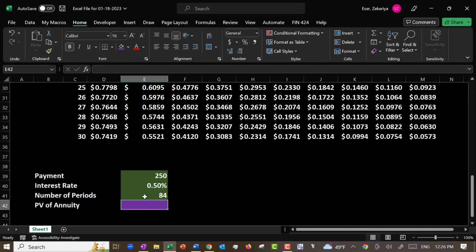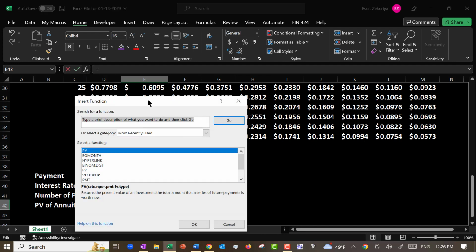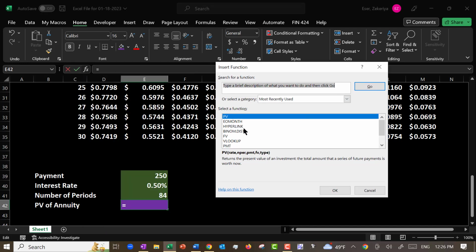You don't have to remember what it is. At the formula bar, there is this little thing called fx. I call that formula helper. If you don't know the name of the function you're going to use, type a description. Calculate PV of annuity.